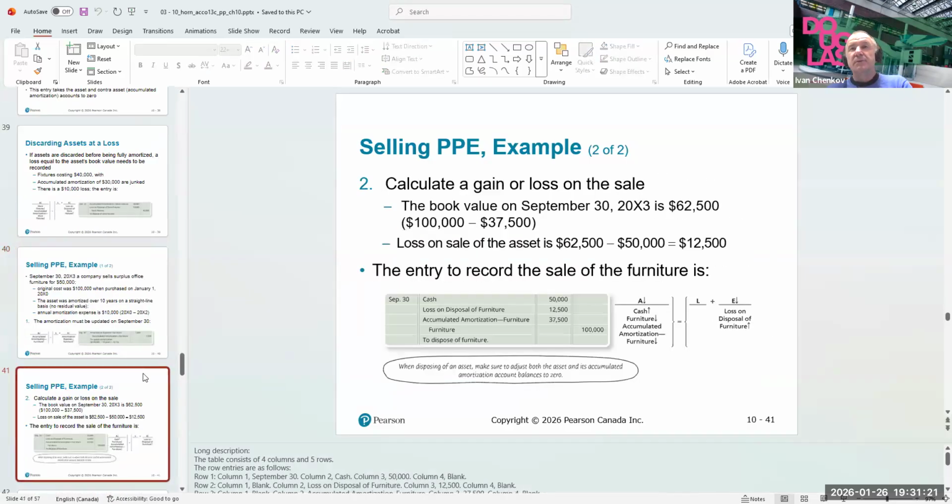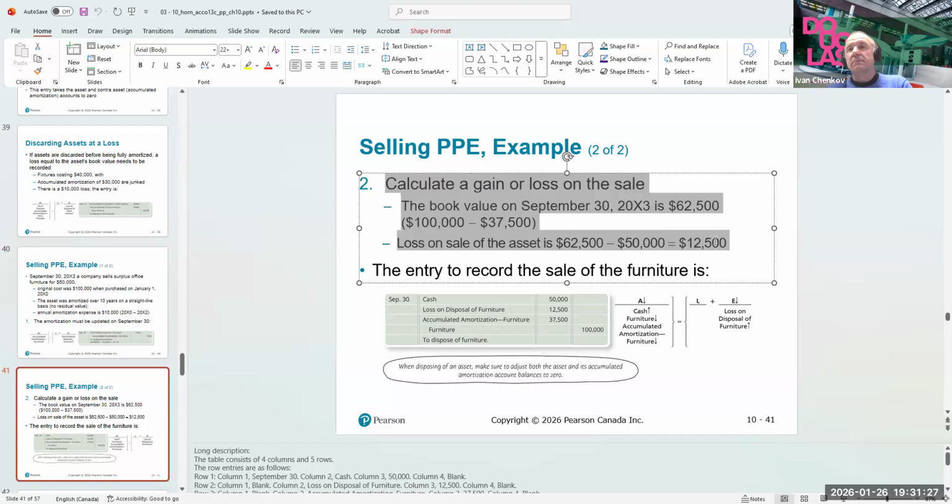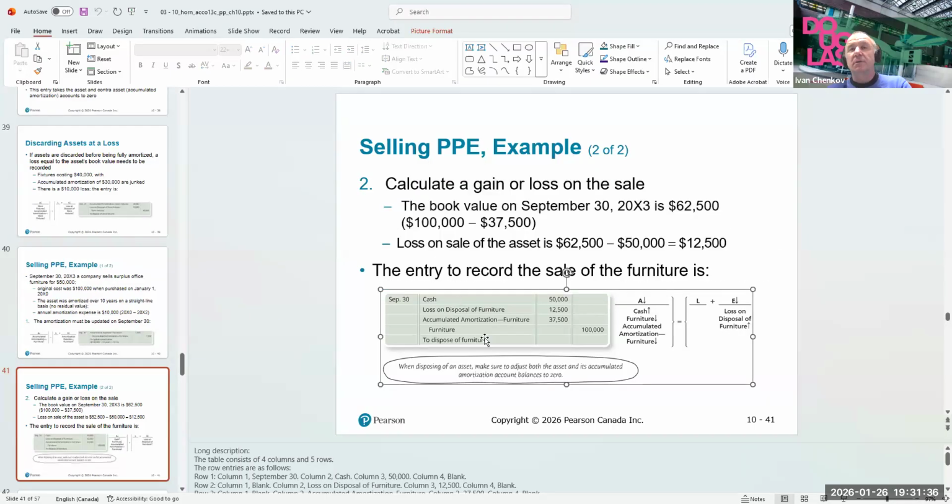Then, once we do that, you don't have to do this calculation, if you want to do it, you can, but you don't have to. What you have to do is, remember, follow the logic. Once the furniture is gone, clear the furniture account, bring it to zero, whatever the original cost of the furniture is, gone. Accumulated amortization up to this point, gone.